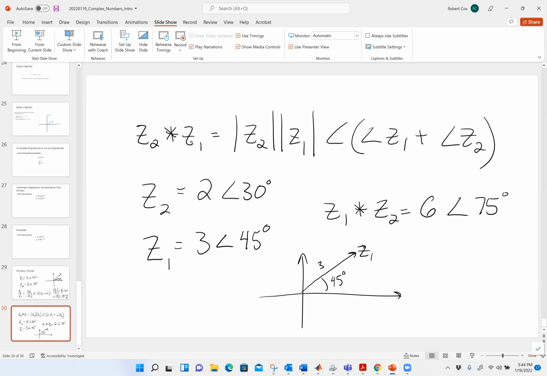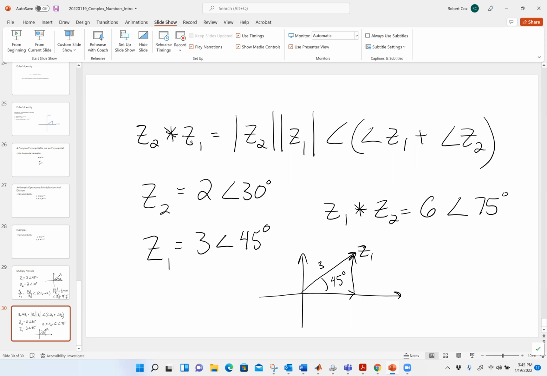How can I figure out the real and imaginary part of that? How can I use trig to help me with that? What's the real part in terms of this picture? Where would I draw the real part? It would be on the x-axis. Yeah, this would be the real part, and this height here would be the imaginary part.